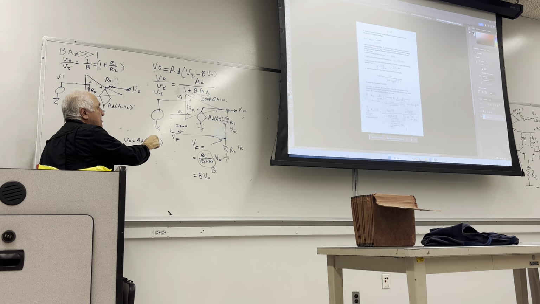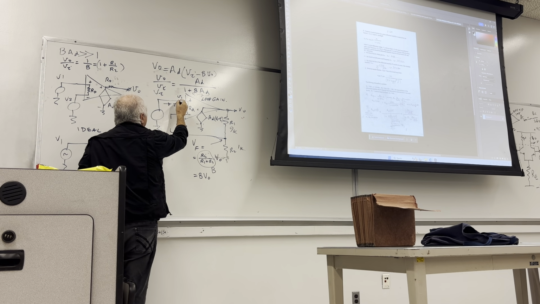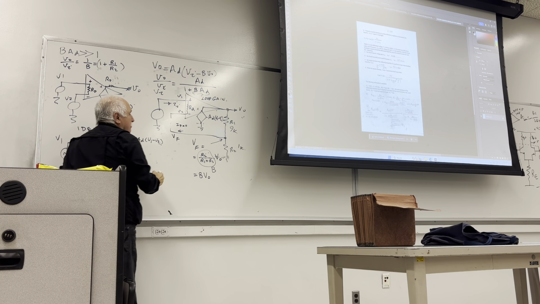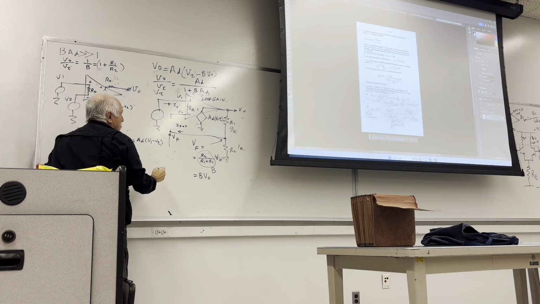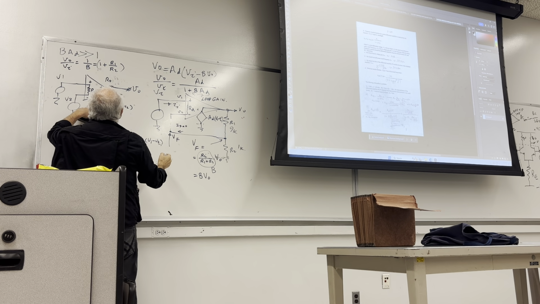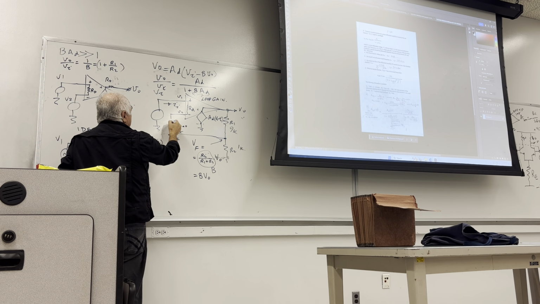If you did that, you can very easily show what will be the II. This voltage is equal to V times VO, that voltage in here.